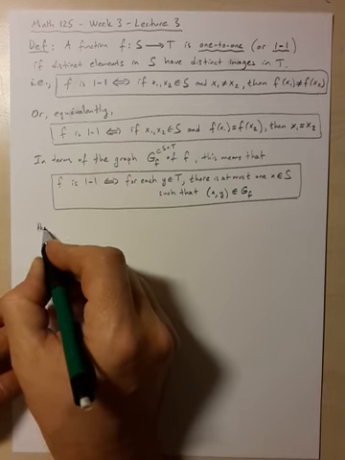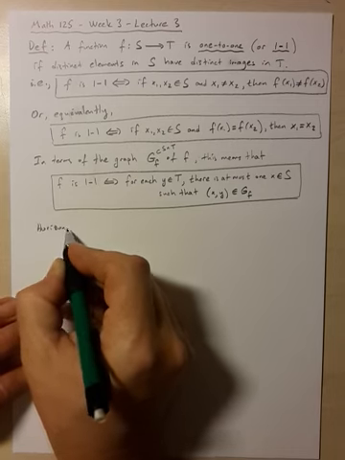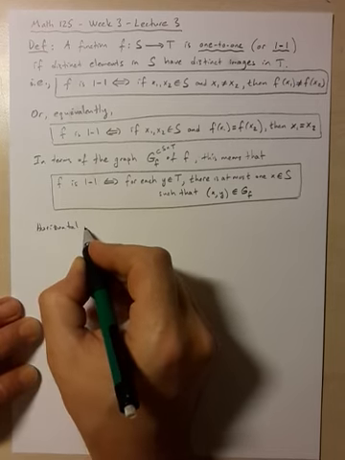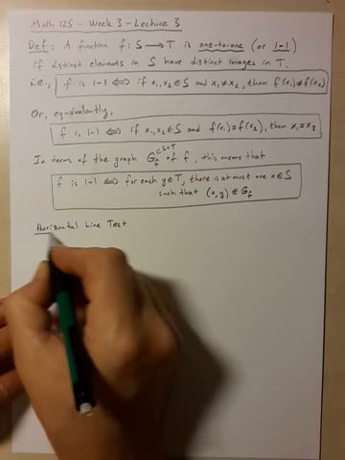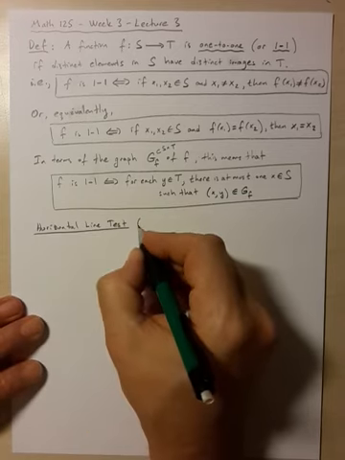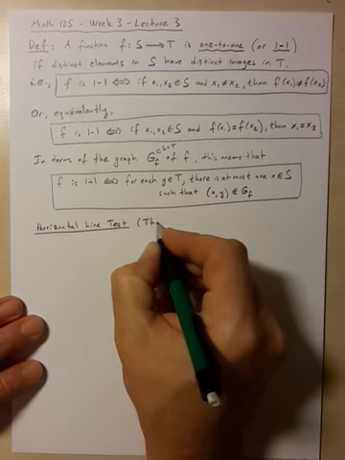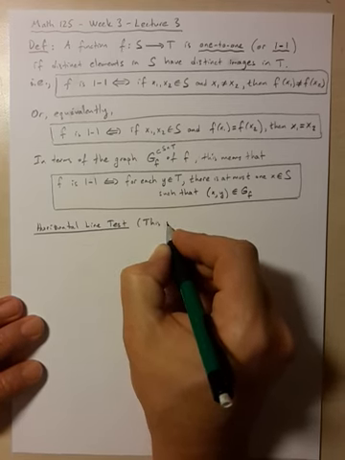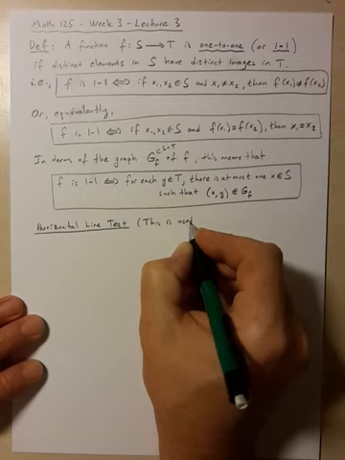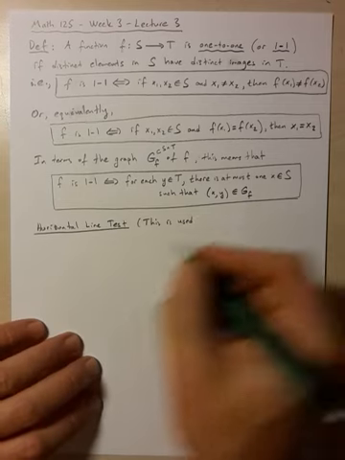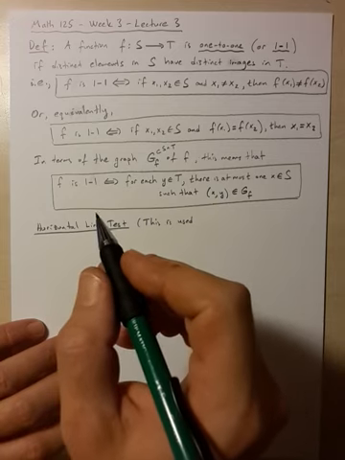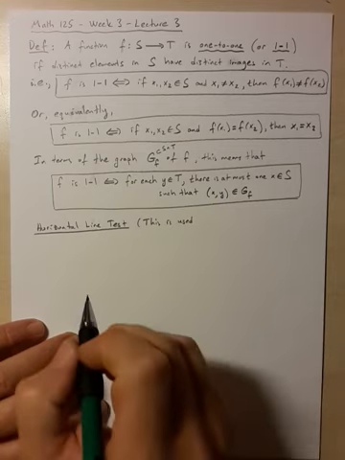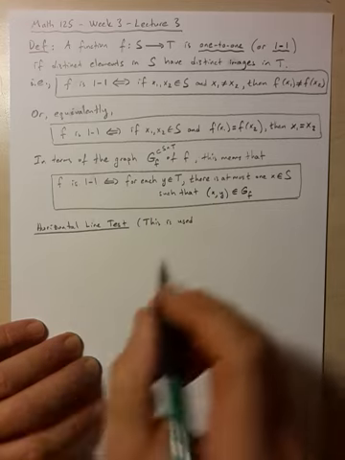So, the horizontal line test. Given a graph, you can use this test to understand whether or not that graph belongs to some one-to-one function. Right?